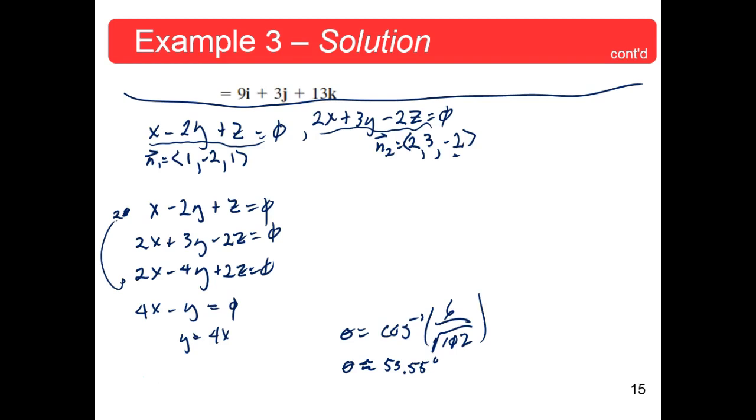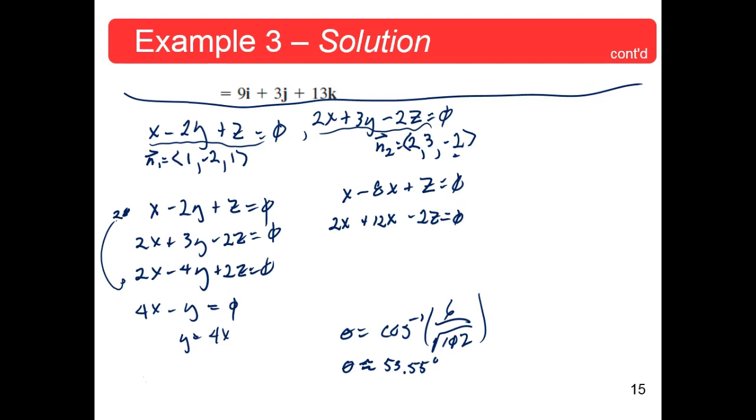And if you put this back in the original equations, you get x minus 8x plus z is equal to 0. And in the second equation, you get 2x plus 12x minus 2z is equal to 0.